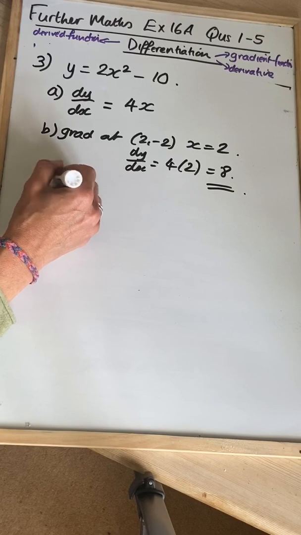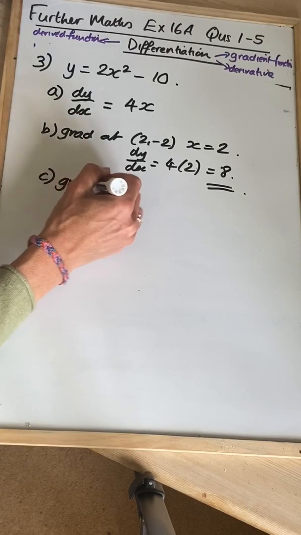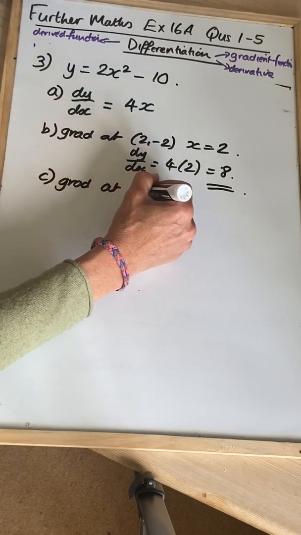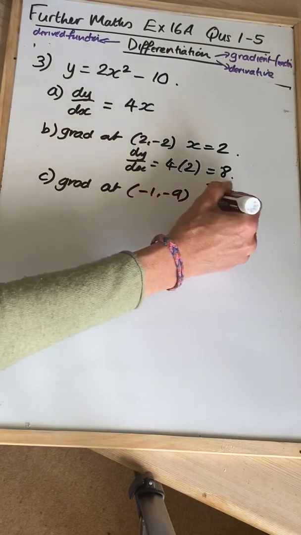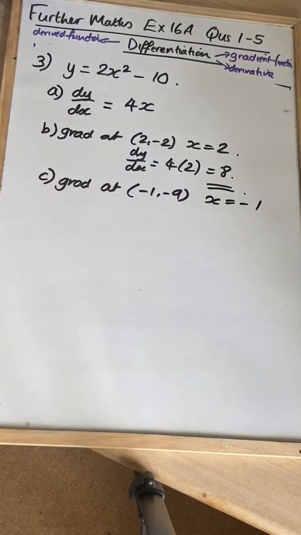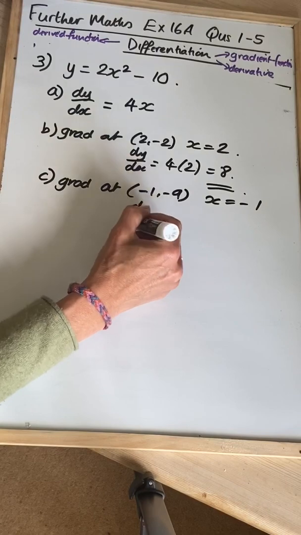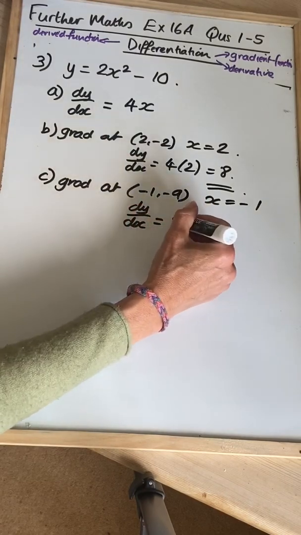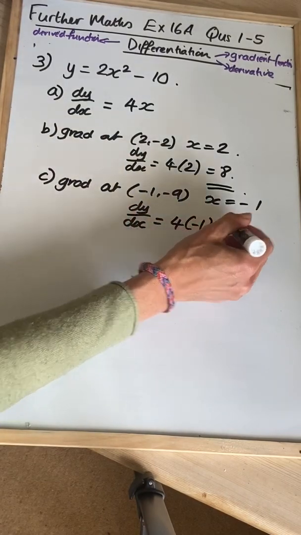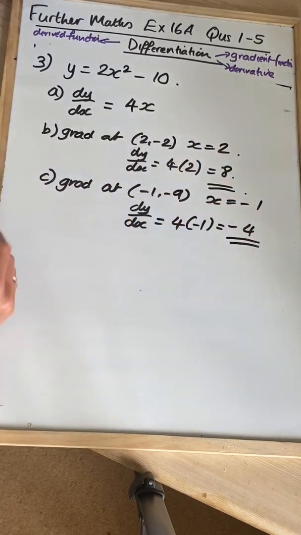And the gradient at minus 1: we're interested in the x value only still. Same thing, substitute in x equals minus 1 this time, 4 times minus 1, so we're going to have minus 4 as our gradient.